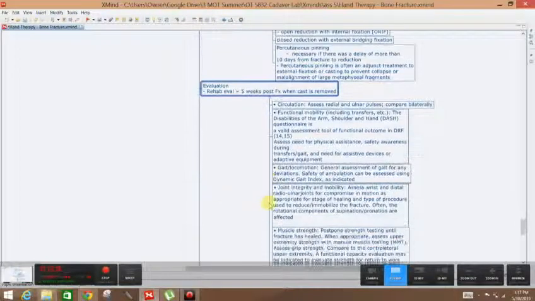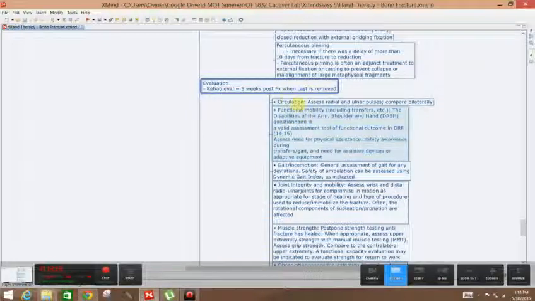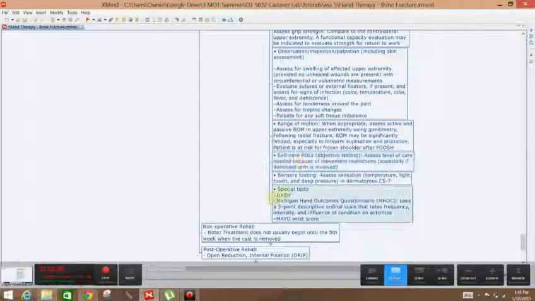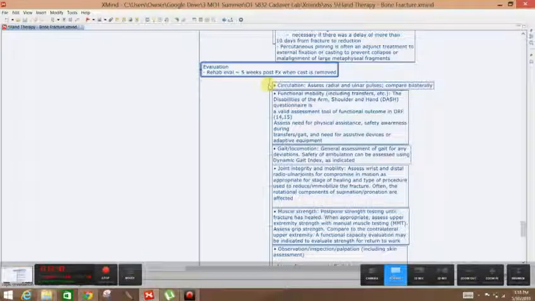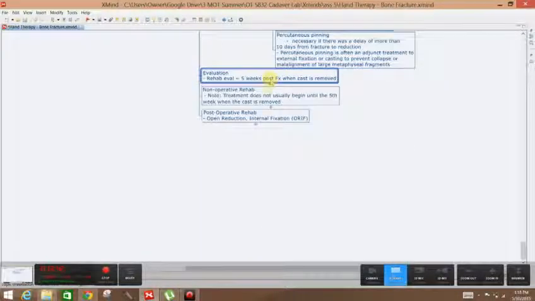Evaluation, also have information about what to look at during the evaluation: gait and locomotion, functional mobility, circulation, joint integrity, muscle strength, observations, ranges of motion to take, self-care, sensory testing, and special tests also, like DASH and all of that. And that's also for the elbow fracture too.